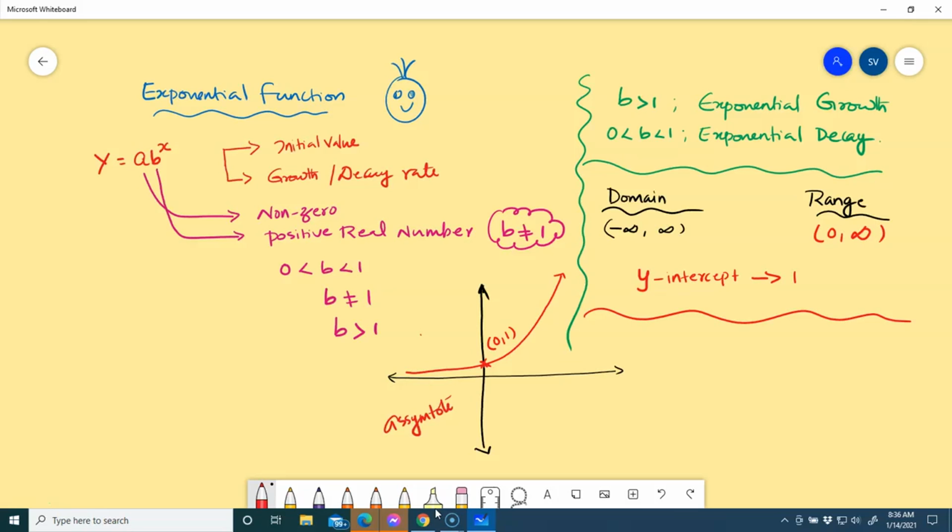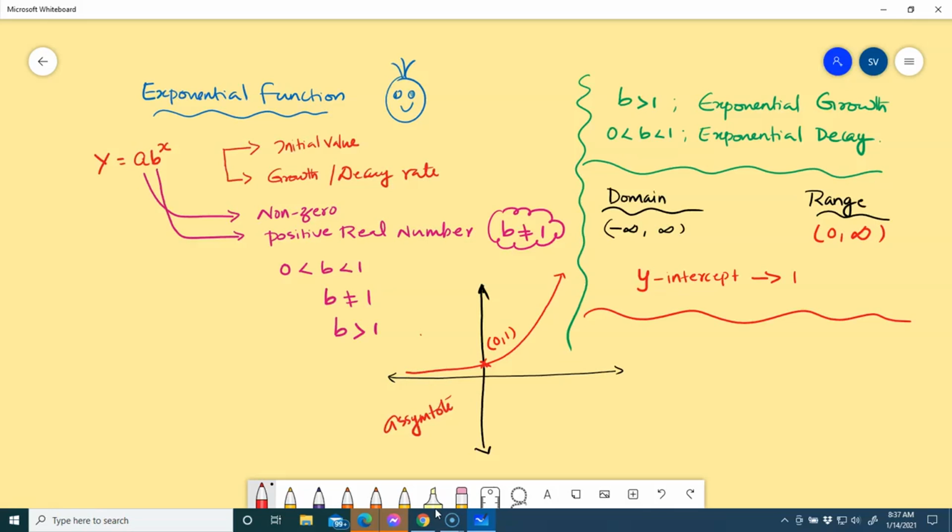Now I'm going to explain this exponential function with the help of some examples. Examples in the sense of how we can model a situation using an exponential function. If you know the very basic things, you can easily model a situation using an exponential function.